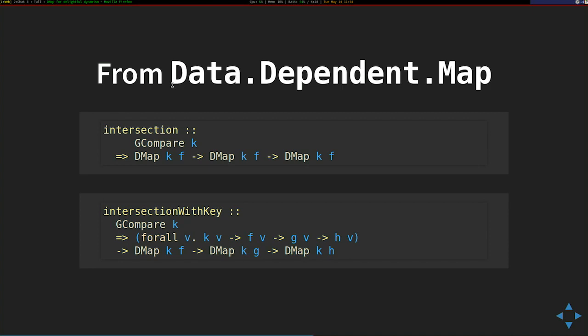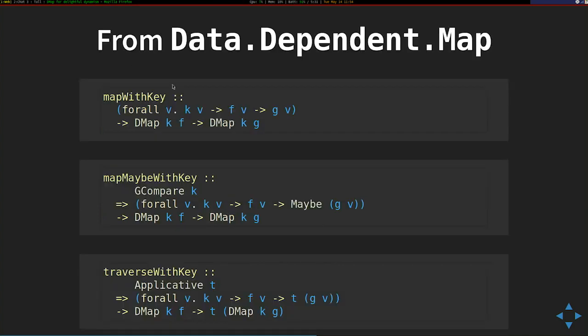And the reason they're really handy is that this is kind of forming an extensible record system, and being able to do efficient unions and intersections and differences becomes really important when you want to lean on one of those things with thousands of fields being combined in weird ad hoc ways. The things that I'm leaning on in this talk are you can map maybe to filter things out, and you can traverse to do effectful things, because that's where all my good examples come from.